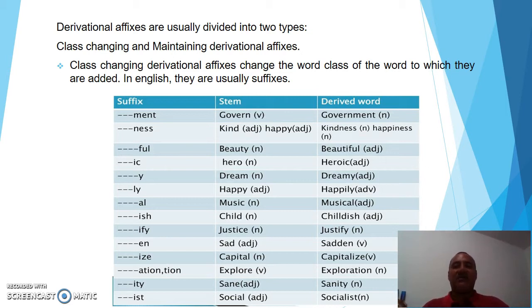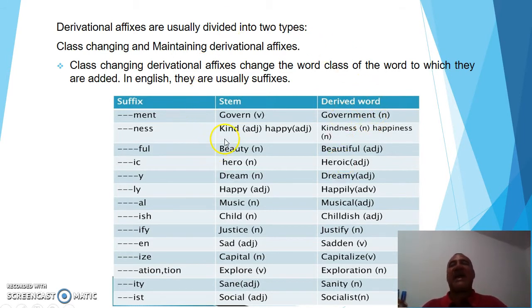From this chart, you can see many examples. Let's take the first one, which is a verb, govern. When we add the suffix ment, it turns into a new, derived word, which is a noun, government.